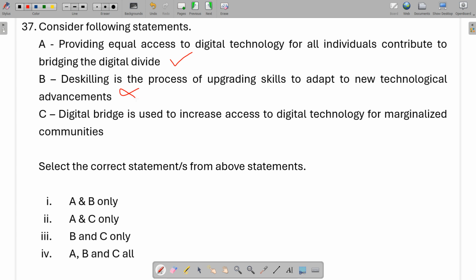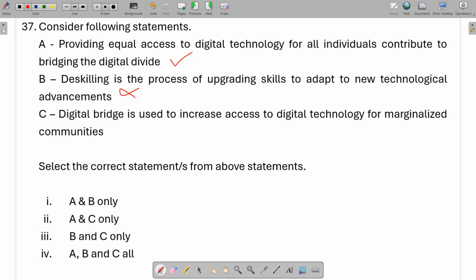So they will use different kinds of techniques to do that. Like including computing as a subject in the syllabus, and introducing the new technologies to the rural areas and the people who are not very much aware about it. So those are the concepts which are in the digital bridge.